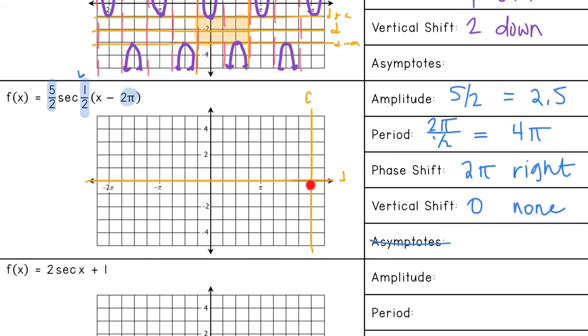So here, starting from here, 1, 2, 3, 4. 4 pi. So basically, one period of this function is going to take basically my whole graph. So all of that because period was 4 pi. Then amplitude is 2.5. So D plus, so 0 plus 2.5 is about right there.